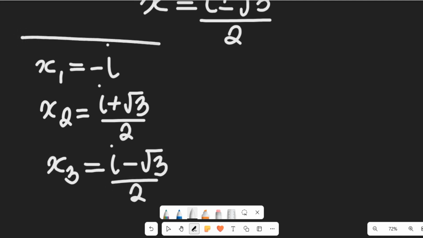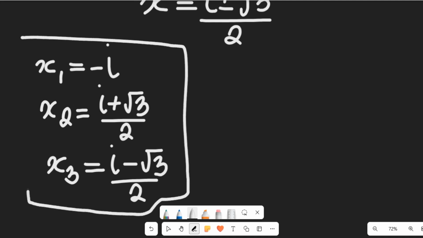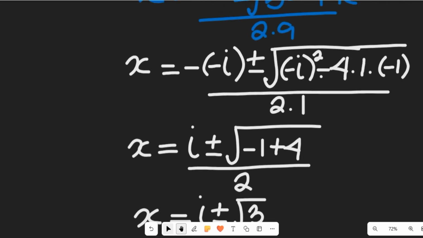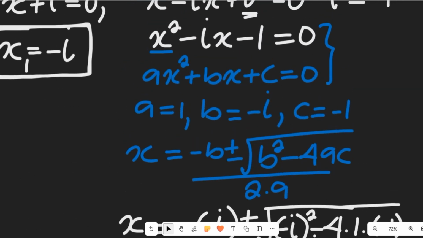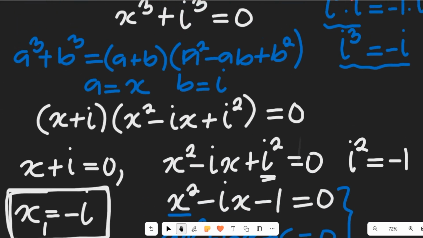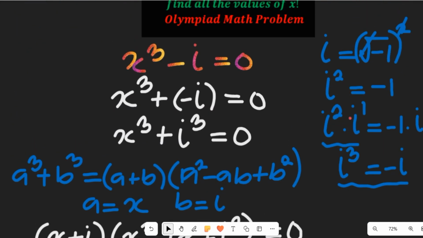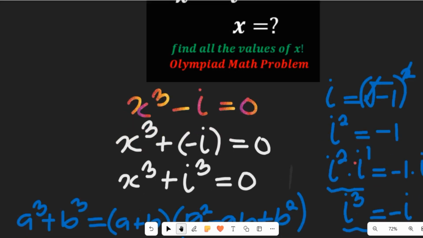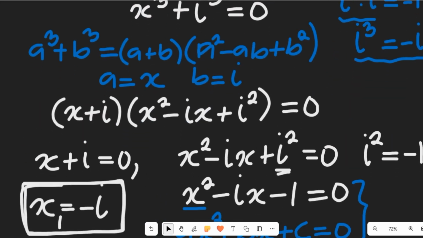And these are all the possible values of x that satisfy the expression given to us up there. Now remember, we were asked to find all the values of x.